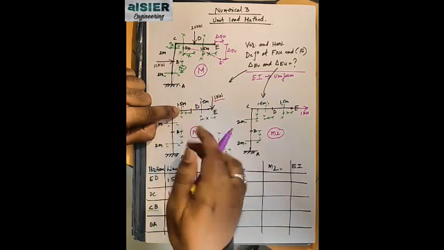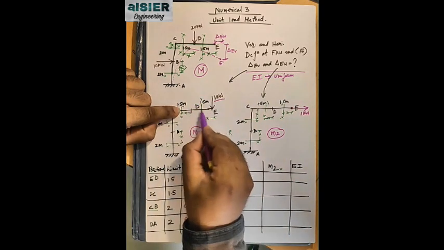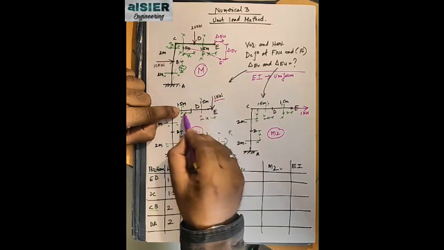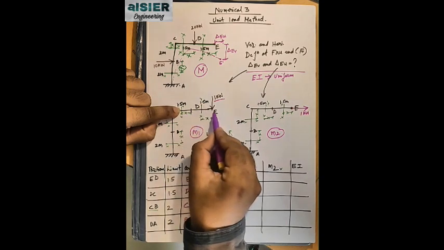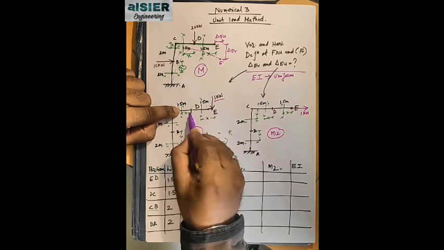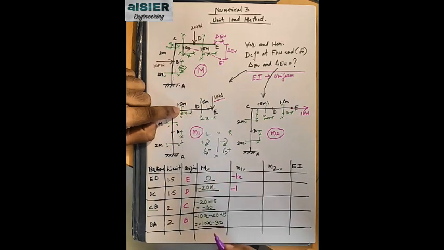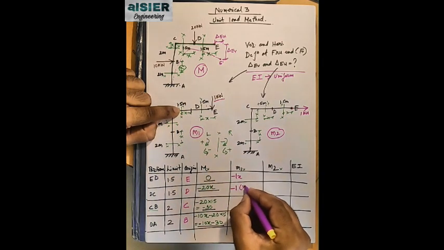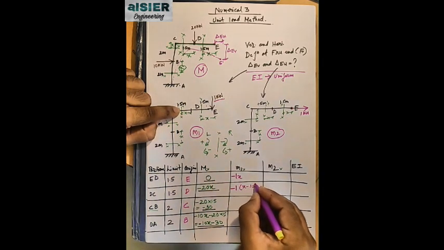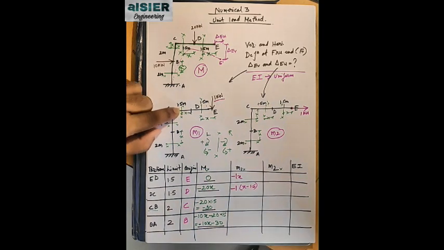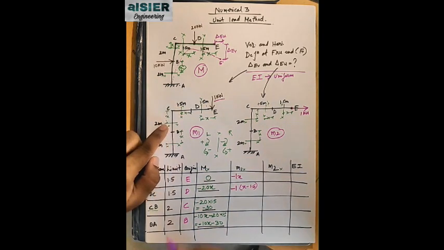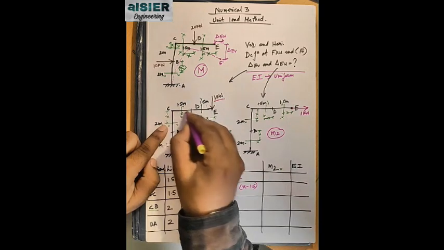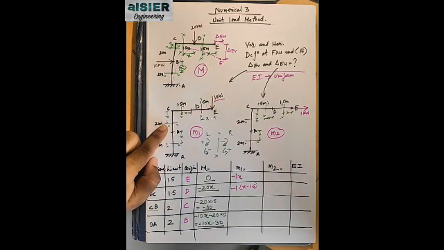And what is the distance? We know the distance from E to D is 1.5 meter and D to the x-axis is x. So it will be x plus 1.5.